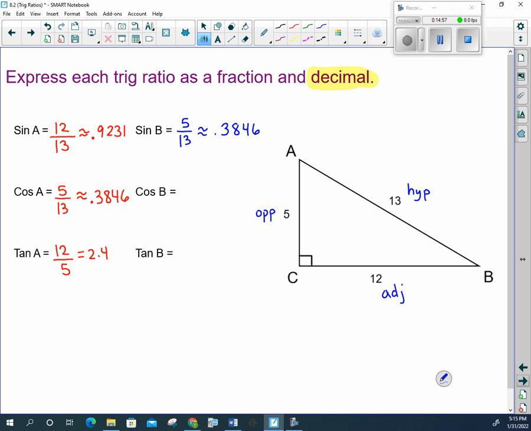Okay, cosine of B is going to be 12 over 13, which we already figured is 0.9231. And tangent B is going to be opposite 5 over adjacent 12, and we don't know what that one is, so 5 divided by 12 is about 0.4167. Okay, so we can do ratios as fractions or as the decimal value.